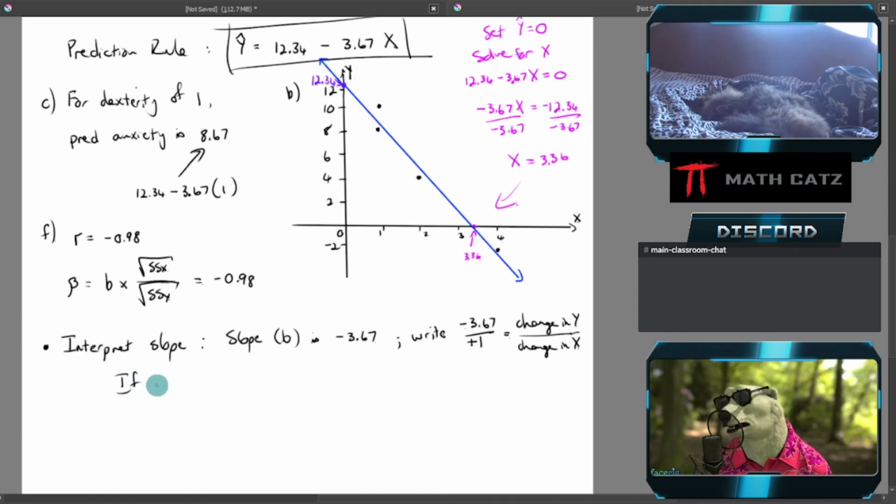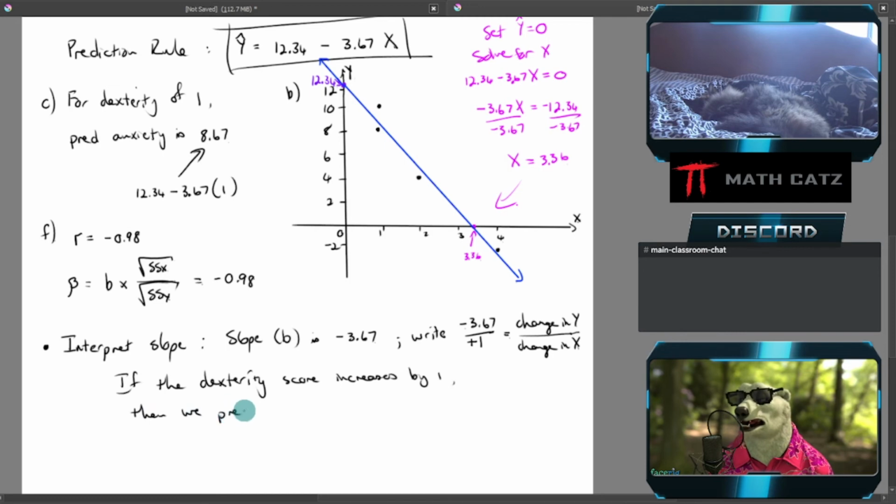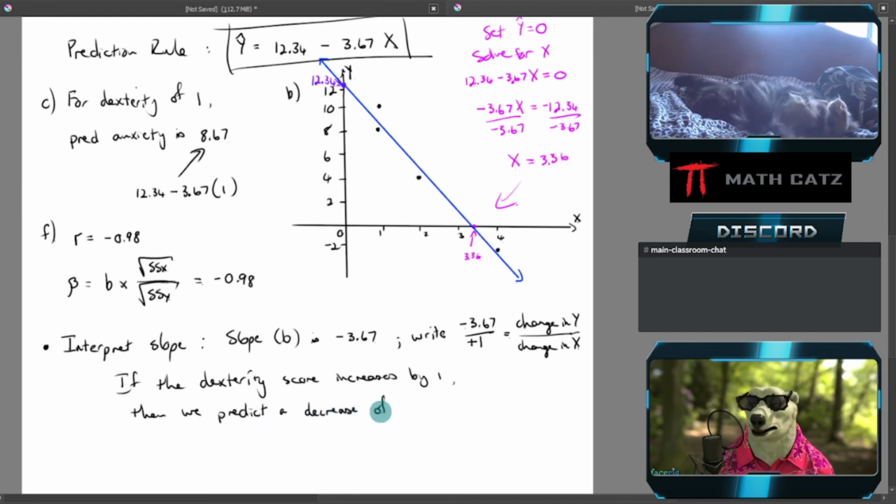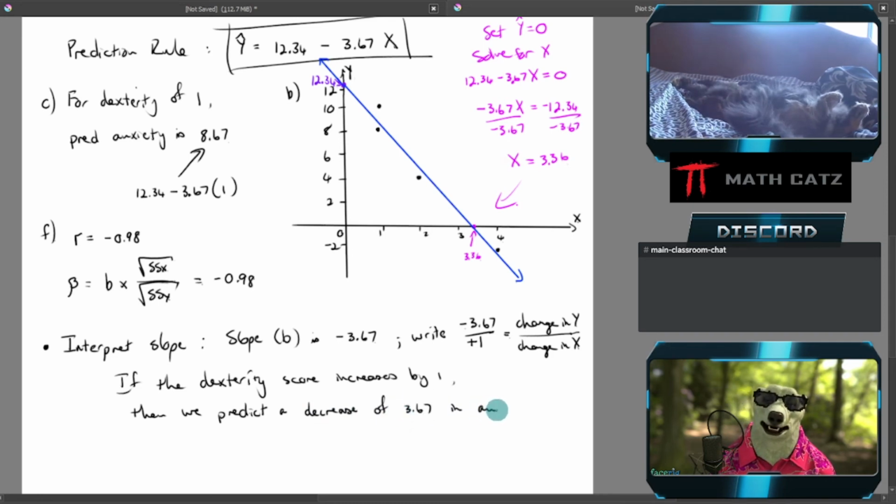So we're going to say that if, now x is dexterity, if the dexterity score increases by 1, then we predict a decrease of 3.67 in anxiety.